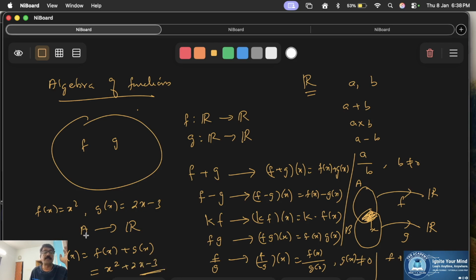That is also a function from A to R. If both f and g have the domain A, f plus g also has the same domain A.